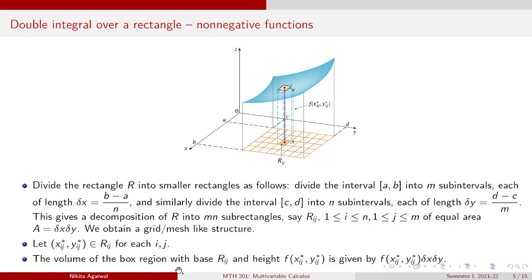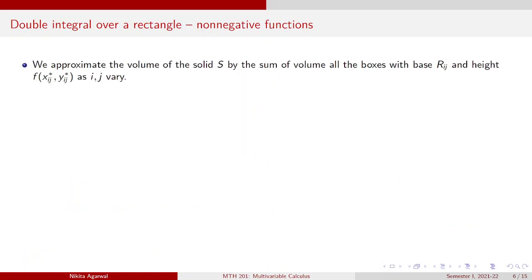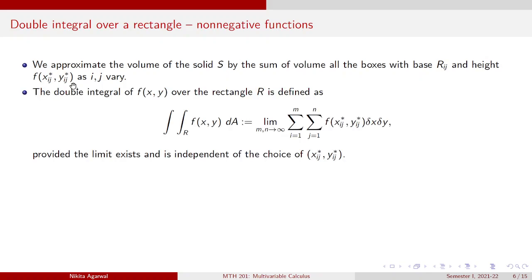So the volume of the box region with base R_ij and height f(x_ij star, y_ij star) is given by the product of the height times the area of the base, and we approximate the volume of the solid S by the sum of volumes of all the boxes with base R_ij and height f(x_ij star, y_ij star) as i and j vary.